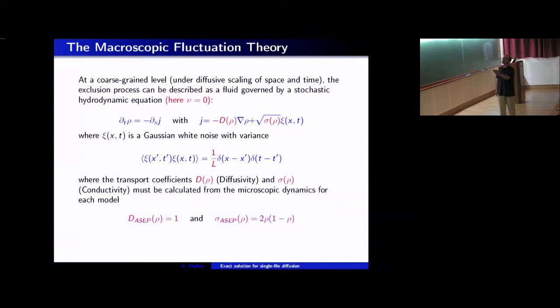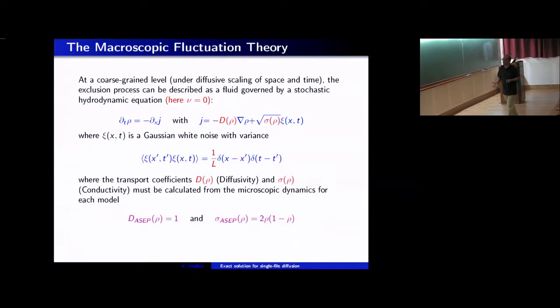And the only thing I need to input from the microscopic dynamics is the diffusion constant, D of ρ, and the conductivity σ of ρ. Once somebody gives them to me, or I compute them, I can go to macroscopic and forget about microscopic dynamics. Of course, it can be very difficult to compute these transport coefficients knowing the microscopic dynamics.